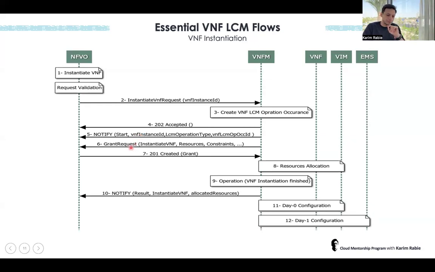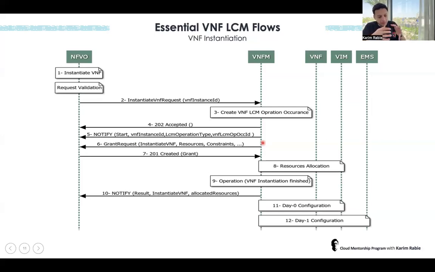In 6, that's a very important step because it shows the role of the NFVO. One of the roles of the NFVO, that VNFM goes to NFVO and asks for a grant request. A grant request here shows that VNFM doesn't have the visibility on the whole cloud resources.